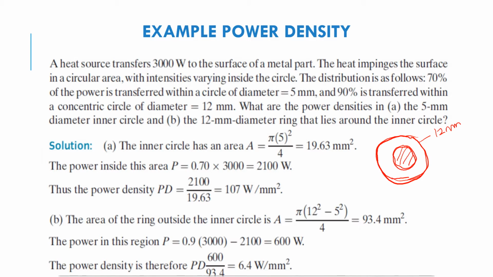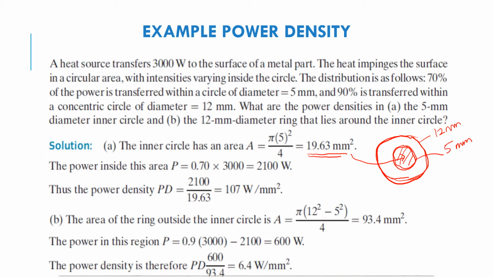The inner circle has a diameter of 5, so you can calculate the area. A equals pi d squared over 4, so the first area is 19.63 mm squared.